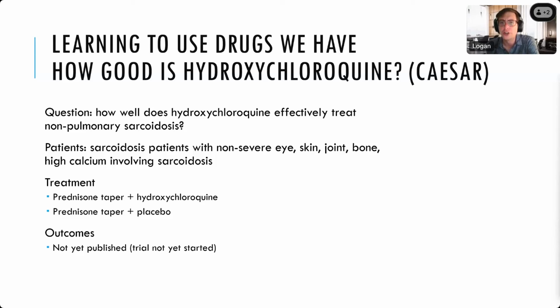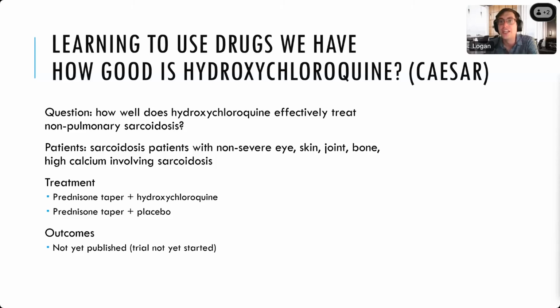We think of it as being good for joints. We think of it as being good for calcium, and we think of it as being good for skin. What we don't have are any trials really showing that definitively. What we have is our clinical experience. And I think this study, where they compare Plaquenil to placebo, will be really helpful.